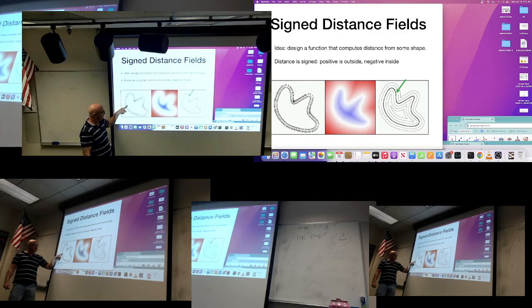On the boundary of the shape, f equals 0, but this is a good direction that you want to go if you want to increase f, which we will use.